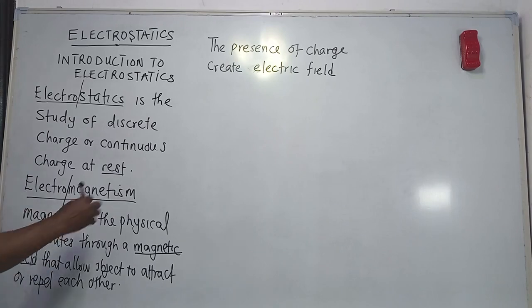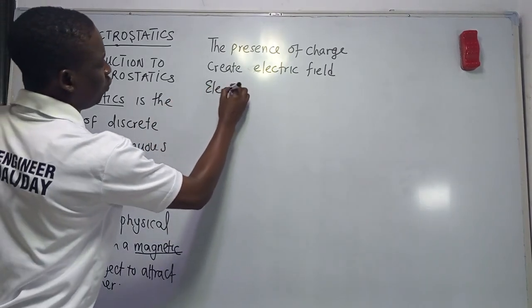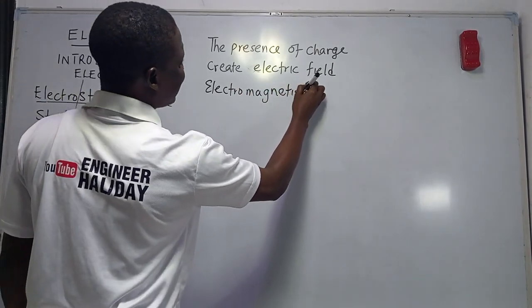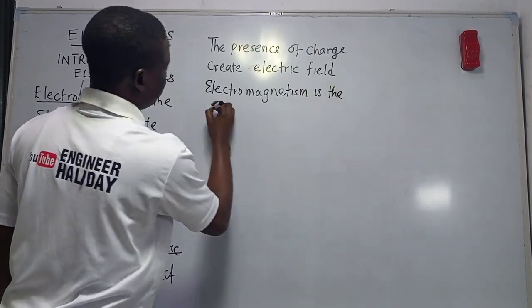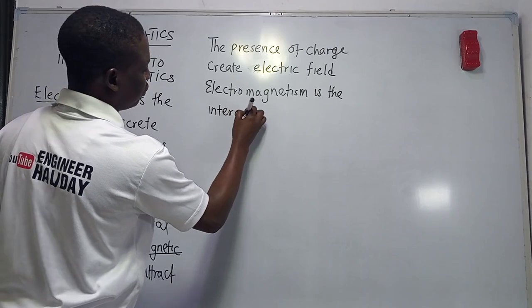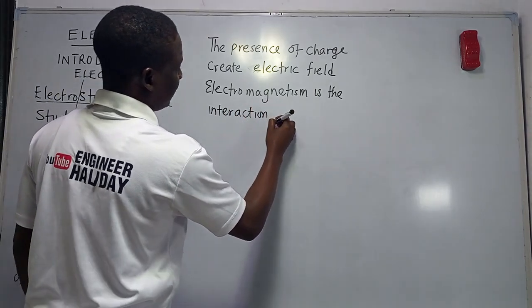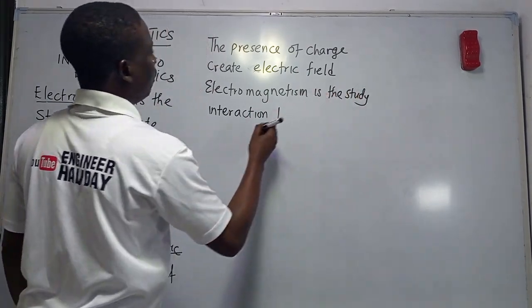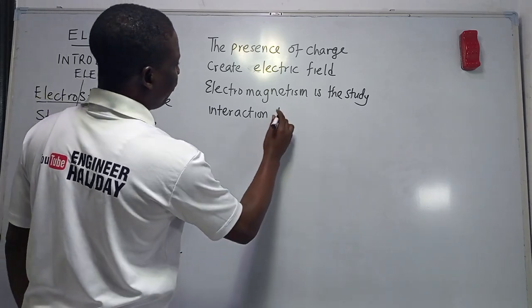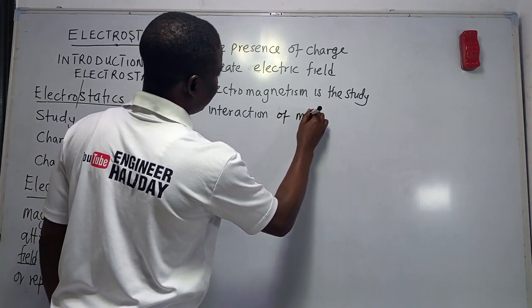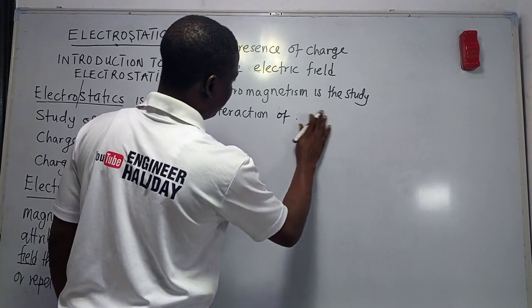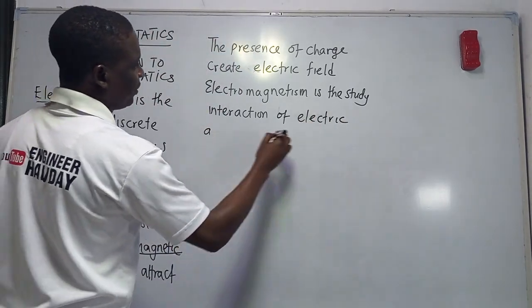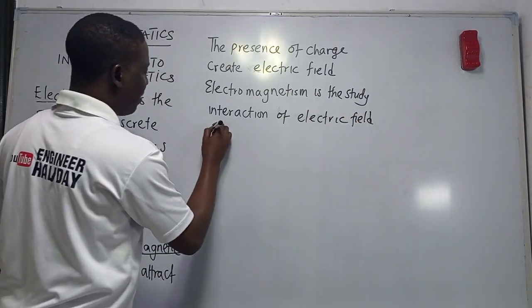So therefore, what is electromagnetism? Electromagnetism is the study of the interaction of electric field and magnetic field.